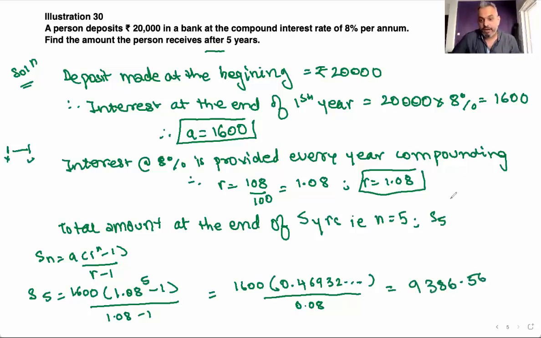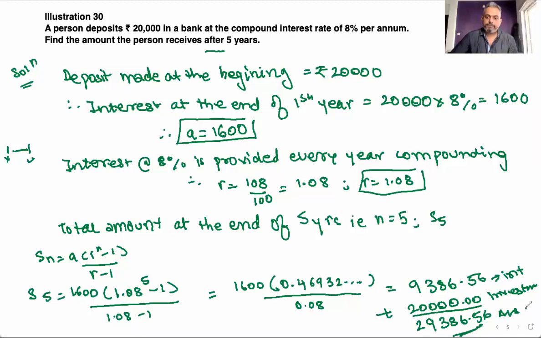Now 9386.56 is the interest, plus rupees 20,000 is the investment. So total how much we will get? 29386.56. Answer.